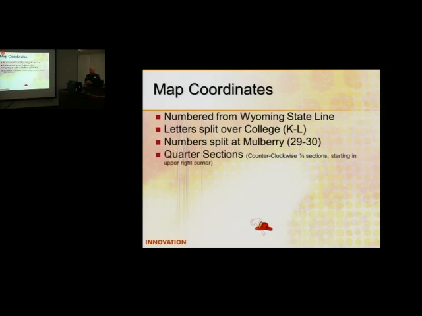Each square mile map page has a quarter section. So if we look at a square mile, any square mile section, whether it's 29 Lincoln or 35 Q, they're all a square mile, and they are all broken into quadrants, quarter sections.